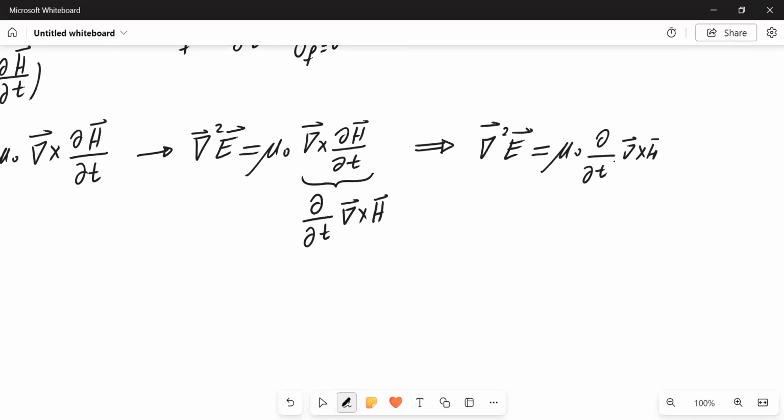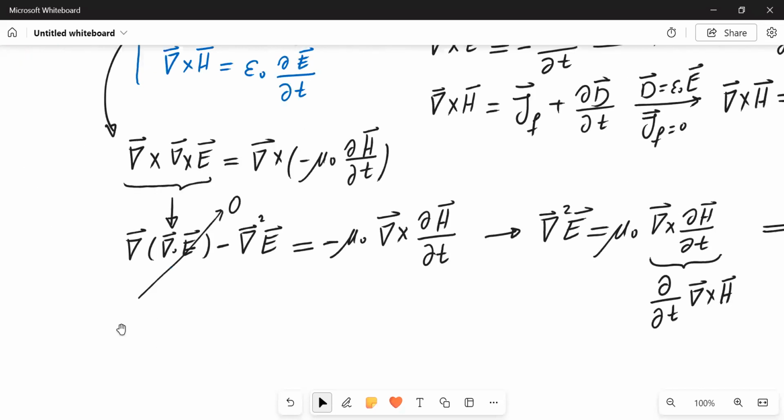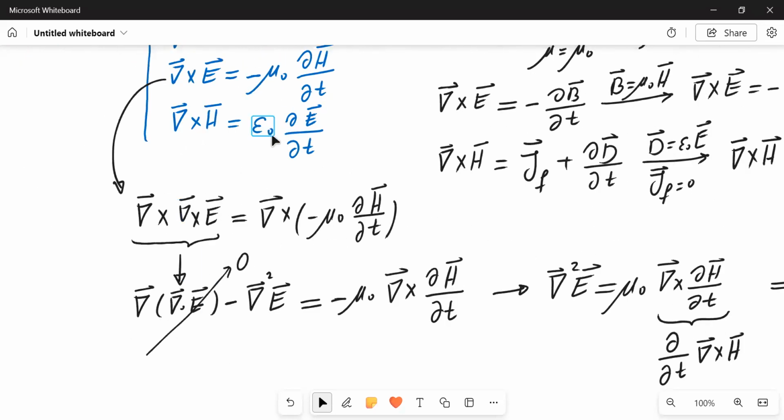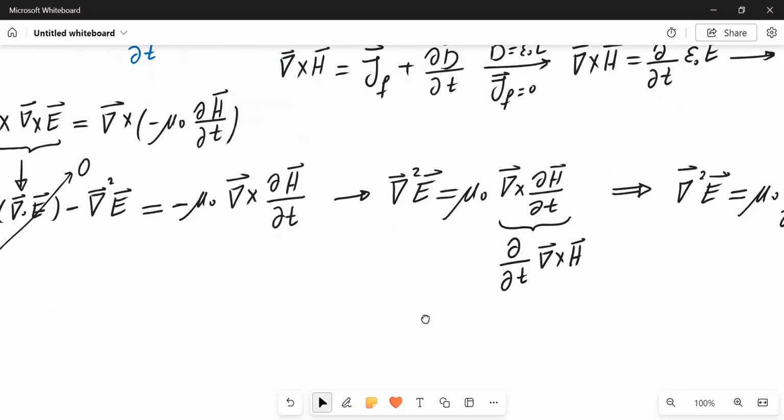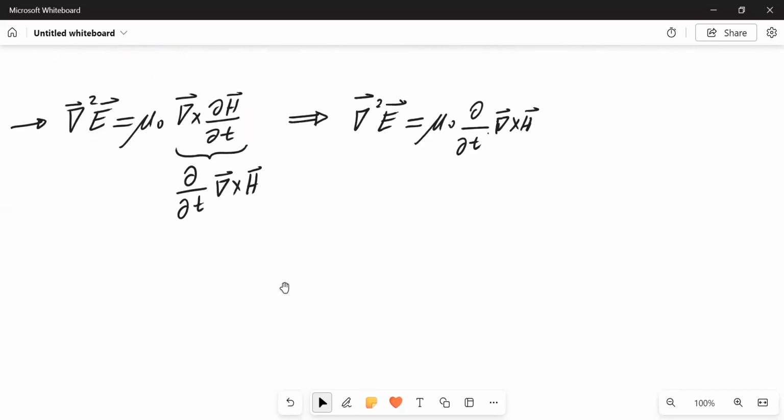But I'm not done here yet, because I can also realize that this curl of H that is appearing here can be given through Maxwell's fourth equation as epsilon naught times the time derivative of the electric field. So I'll just simply replace that. The Laplacian of the electric field would give me mu naught times the partial time derivative, and instead of curl of H, I'll substitute what it is.